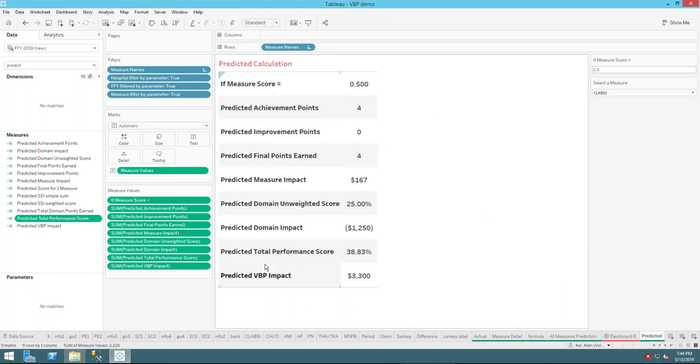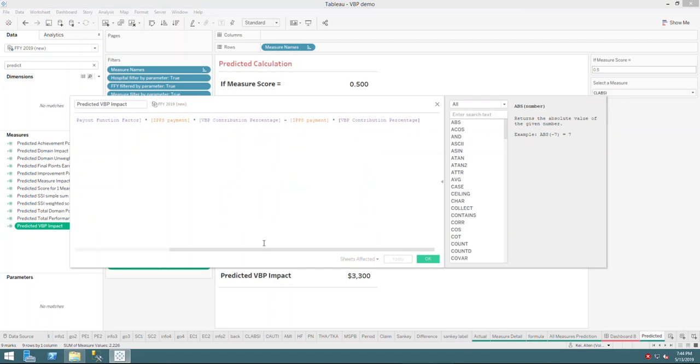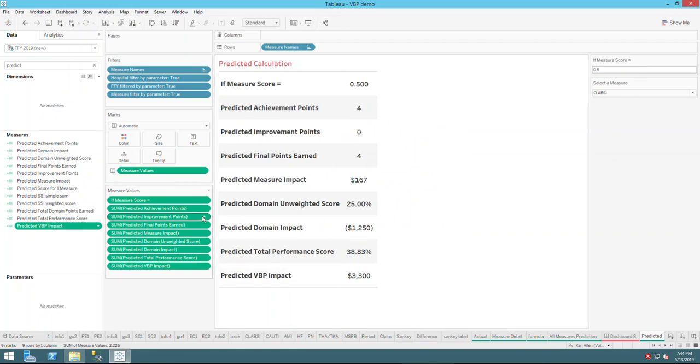When you calculate the domain, the VBP and the institutional level, you will need to use level of detail to sum per domain and take the sum of the score, and then per institution sum the domain score. You need to use level of detail to fix on the level that you need the calculation for.